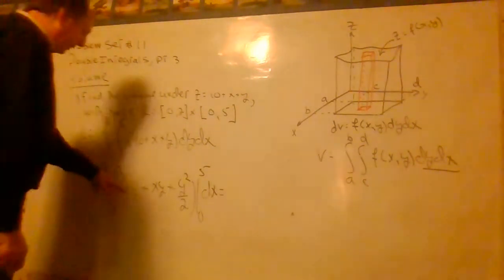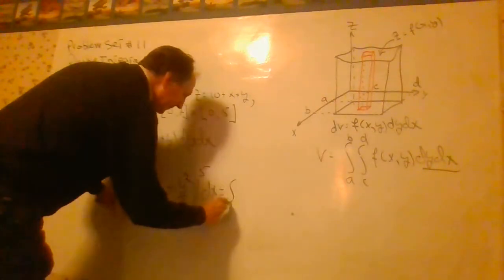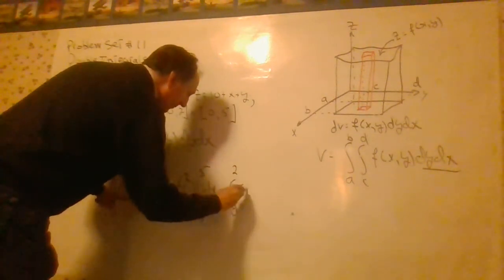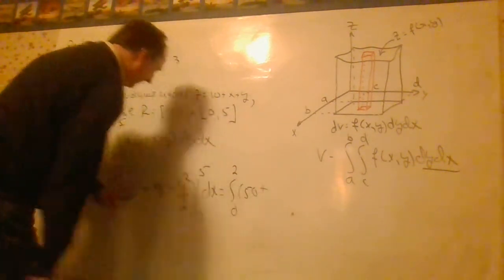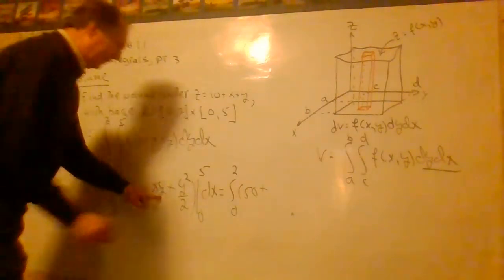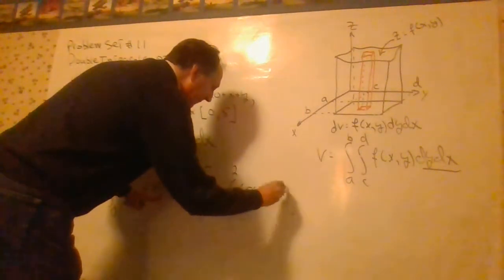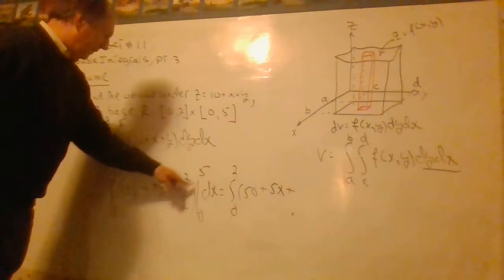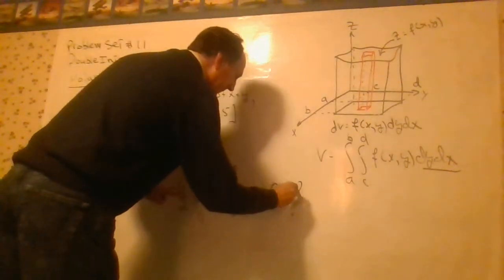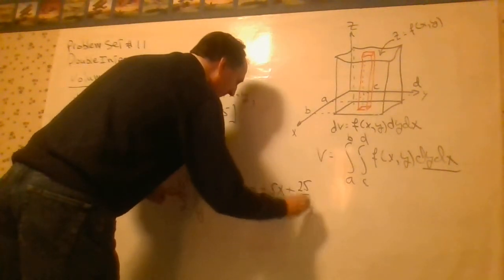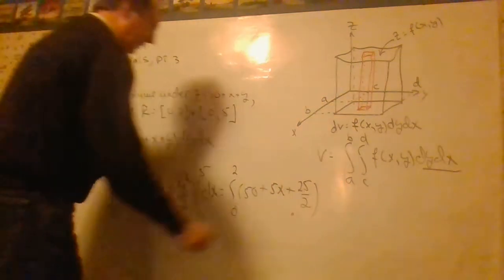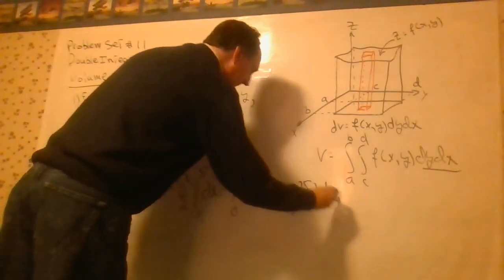Now we plug in 5, we get 50. Integral 0 to 2, 50 plus, plug in 5 here, 5x plus, plug in 5 here, 25 over 2, dx.